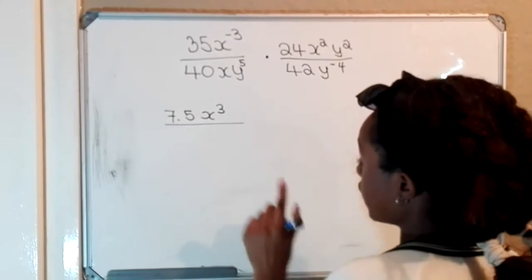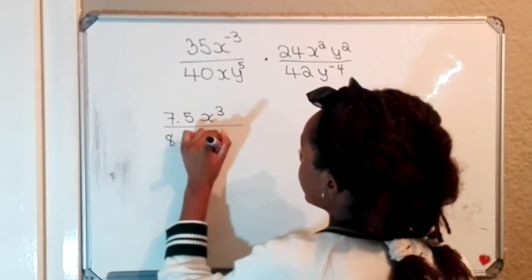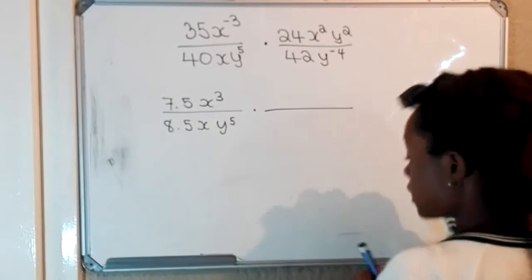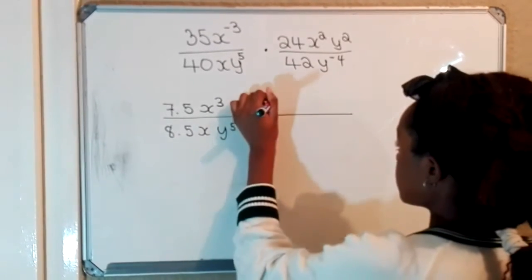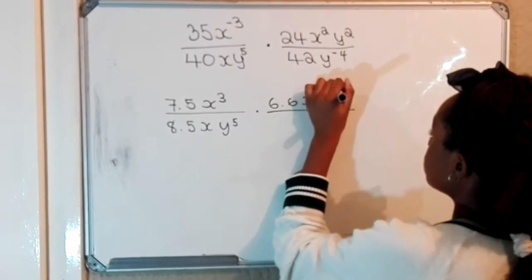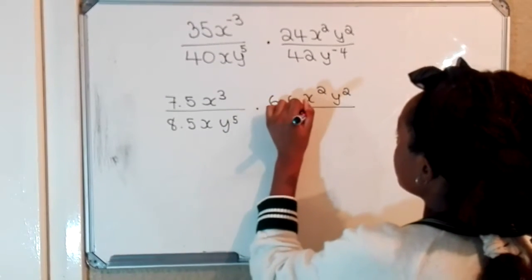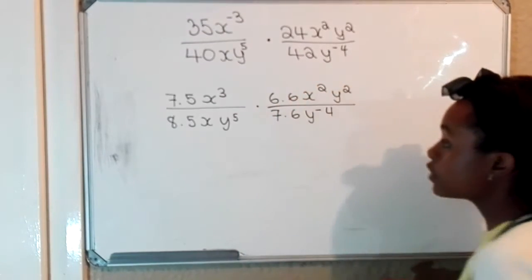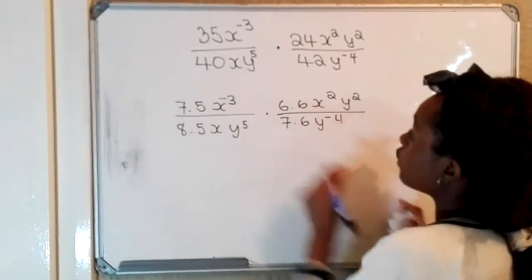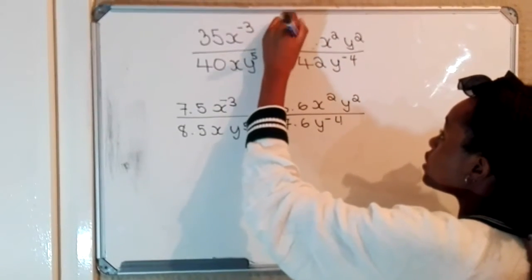Okay, and 40 we can write as 8 times 5, and x y to the power of 5, multiplied by 24, which we can write as 6 times 6, x squared y squared, and 42 we can write as 7 times 6, y to the minus 4. Okay, hang on guys, I just noticed something. Here it's supposed to be minus 3, and over here it's supposed to be 36. Okay, it's supposed to be 36.